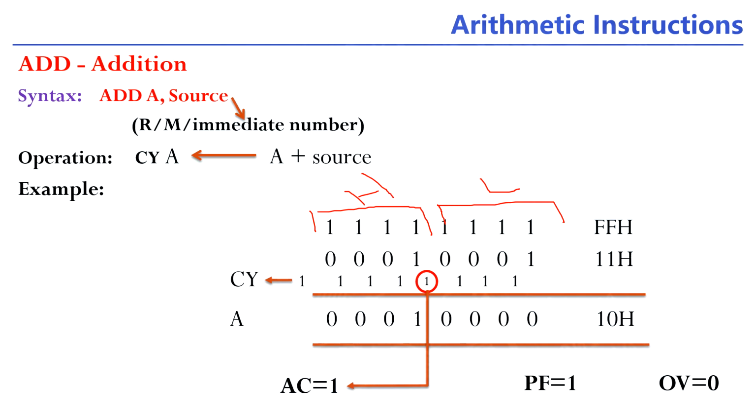Suppose a carry is generated from the last digit of the lower nibble to the higher one, that means the auxiliary carry flag will be set. Okay, and in a similar way the carry flag is set or reset if a carry is generated from the last digit of the byte, right?